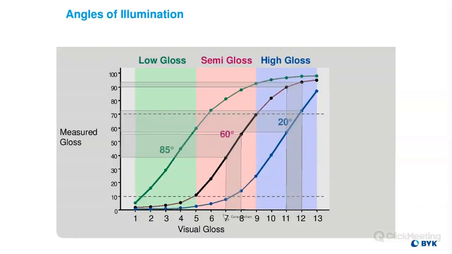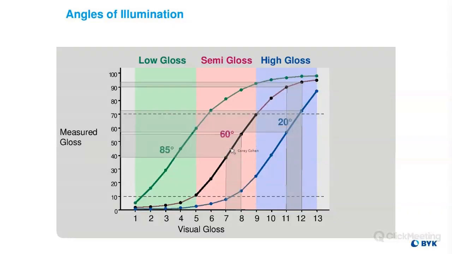Between these two consecutive panels, the 60-degree is seeing a gloss difference of 16 gloss units. But if we switch to the 20, we're seeing maybe 8 gloss units and 13 gloss units, so maybe a 5 gloss unit difference. It's not as big with the 20. It's not giving us as clear a differentiation between these two gloss levels. And similarly for the 85, the gloss difference will be much less than for the 60.